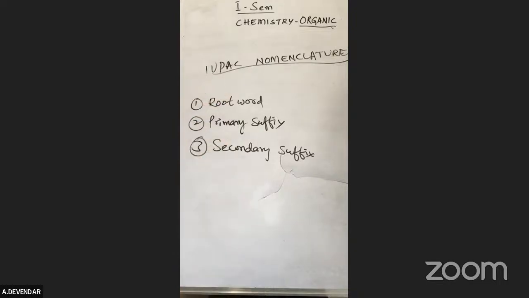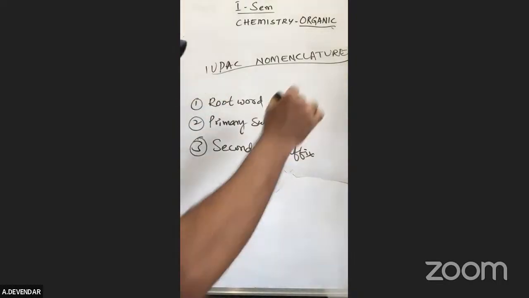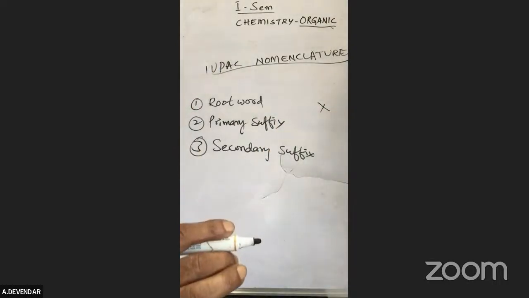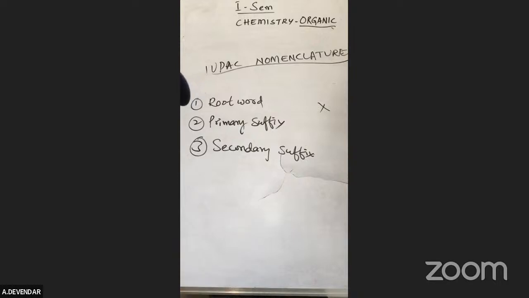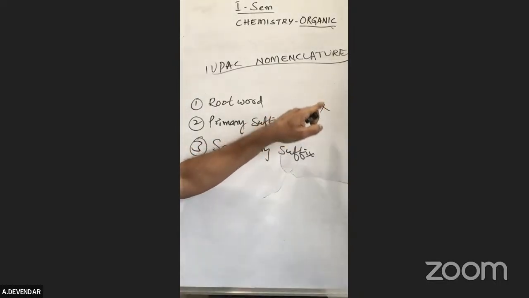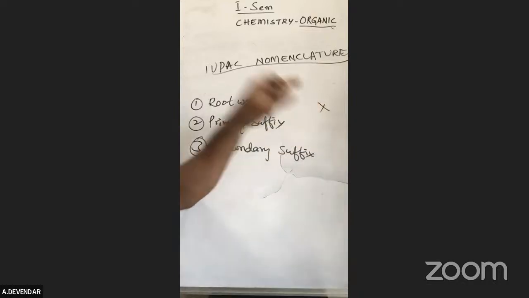First is the root word. Whatever the unknown organic compound X is, in that you have to find out the root word. Root word means how many carbon atoms are present in the unknown organic compound.